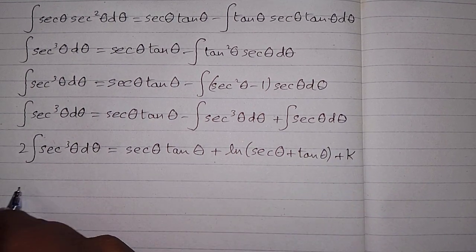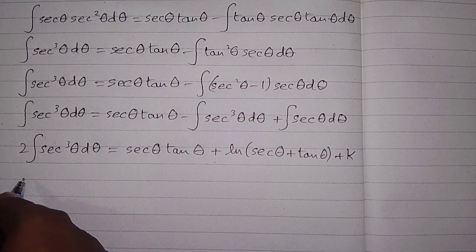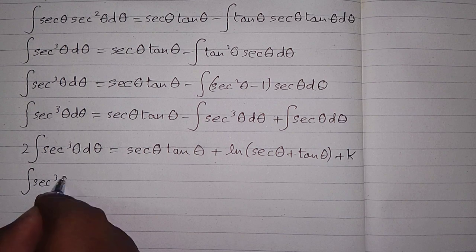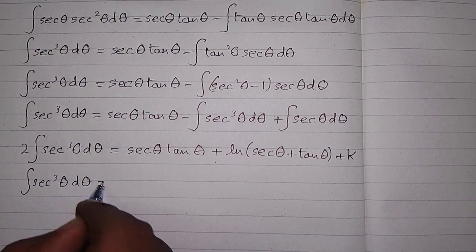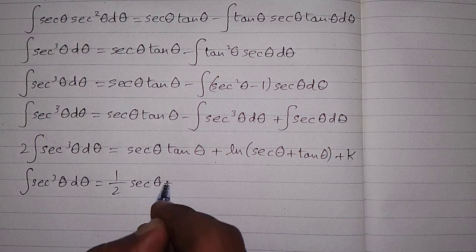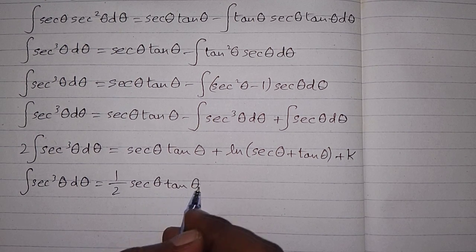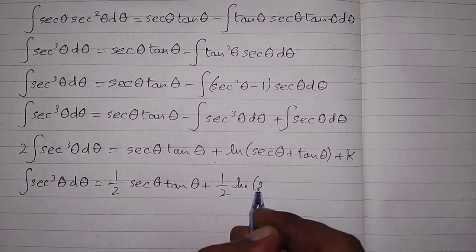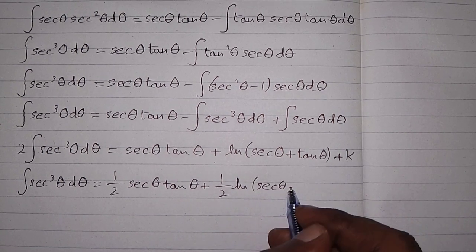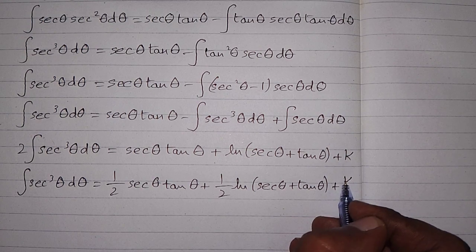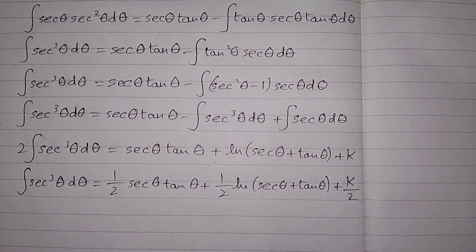Now dividing both sides by 2, we have integral of sec cube theta d theta is equal to half sec theta tan theta plus half ln of sec theta plus tan theta plus k upon 2.